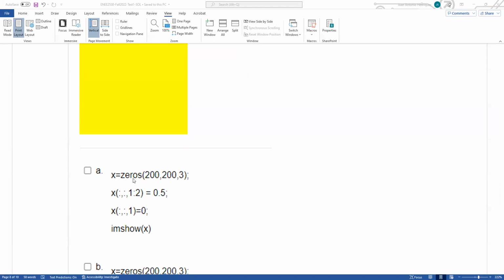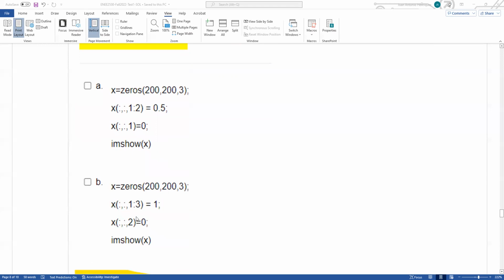So the first statement here will say, for all the elements in matrix 1 and 2, put 0.5. That means that red and green will have 0.5. But then it goes back and says, now for 1, put back zeros again. So make that a 0 again. So this will basically just give you green of 1/2, some sort of green figure.